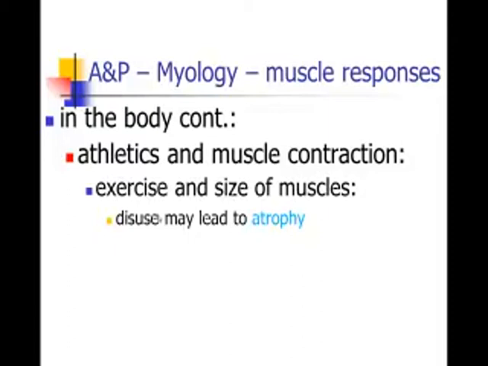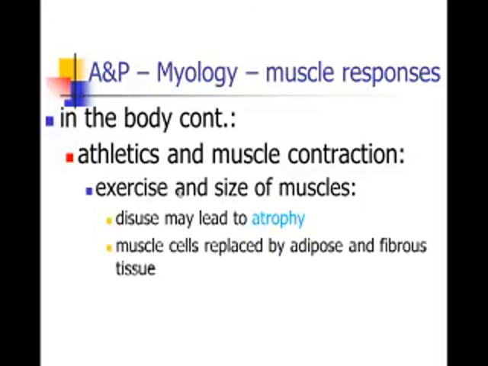You can see this happen if somebody is in a cast for a broken bone. So if a person breaks their arm or forearm and they have a cast on and they can't move that appendage for a long period of time, when they take the cast off, that appendage will be smaller than the other side. So adipose tissue and fibrous tissue replace the muscle cells.